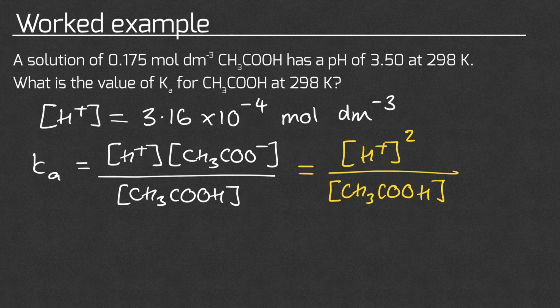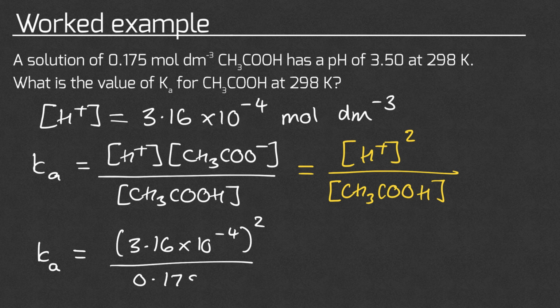We can just sub the values that we've worked out and from the question straight in. Once we've subbed the values in, we just need to put it into our calculator. So the final answer is 5.71 times 10 to the minus 7.